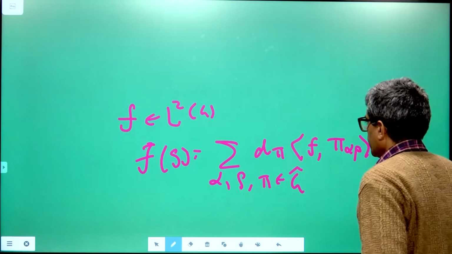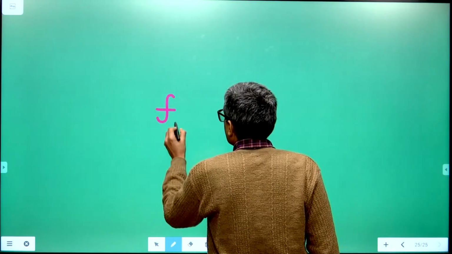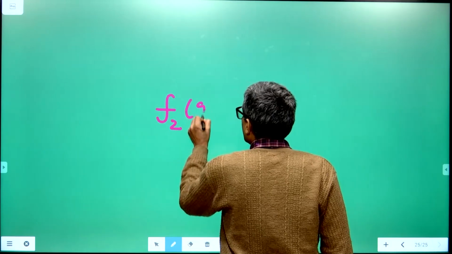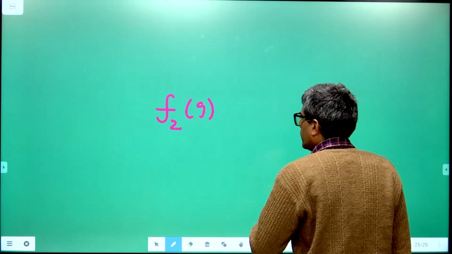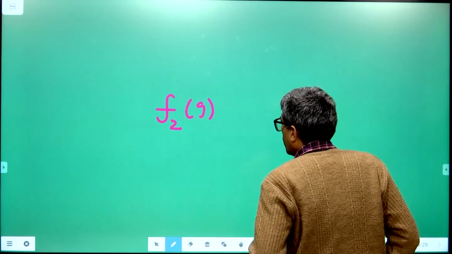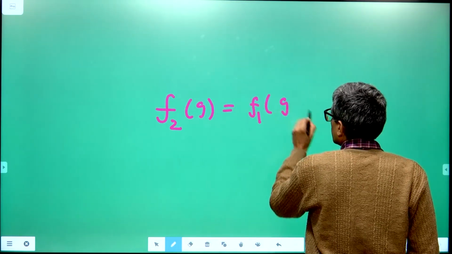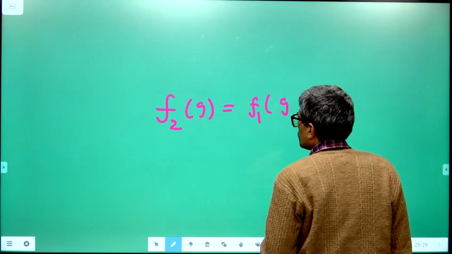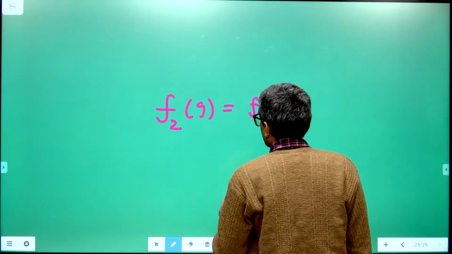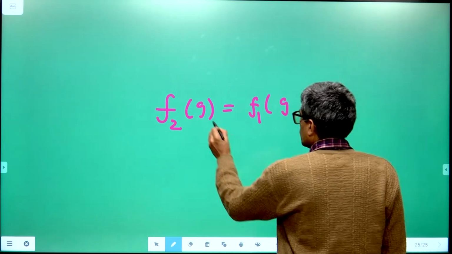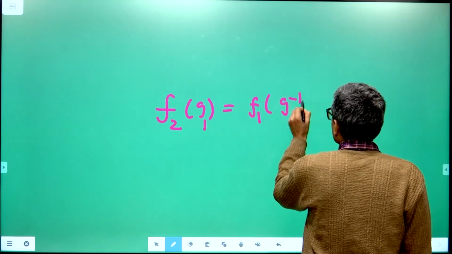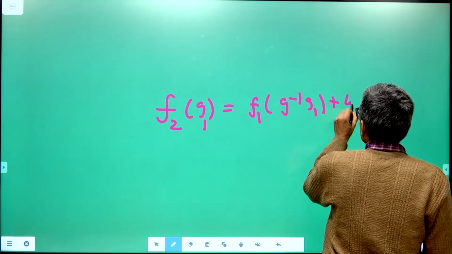You get this representation. So now coming back to our image processing problem, the rotated and noise blurred image can be written as F2 of G1 equals F1 of G inverse G1 plus W of G1.